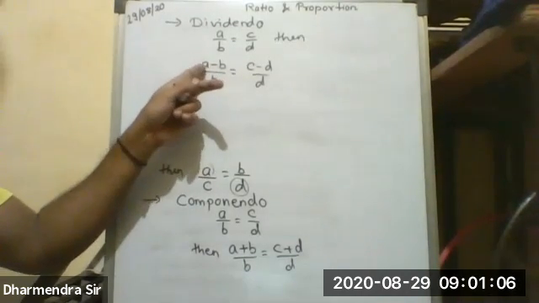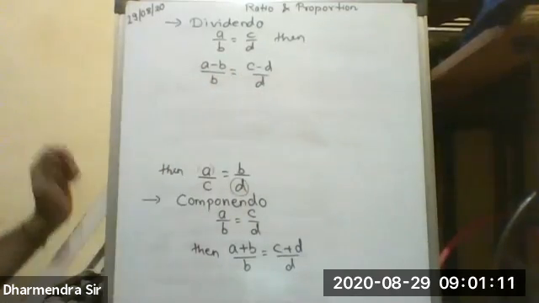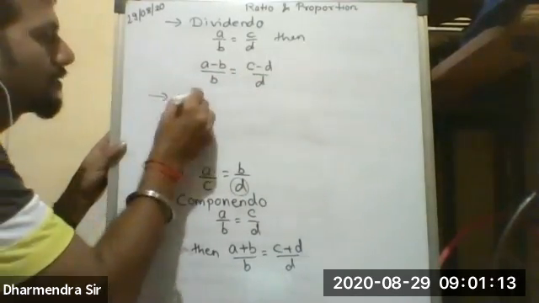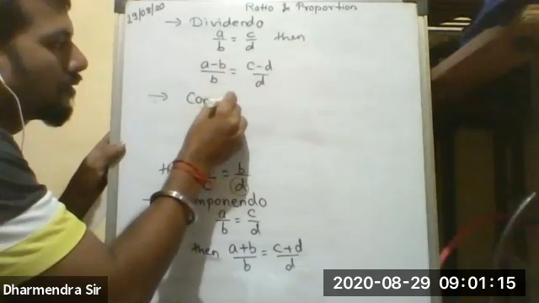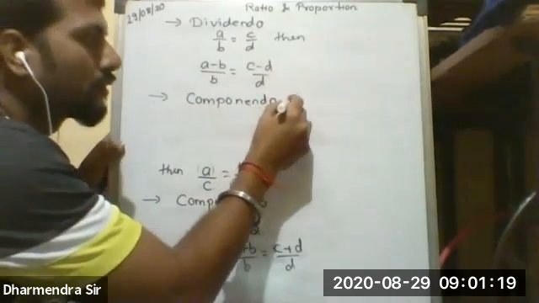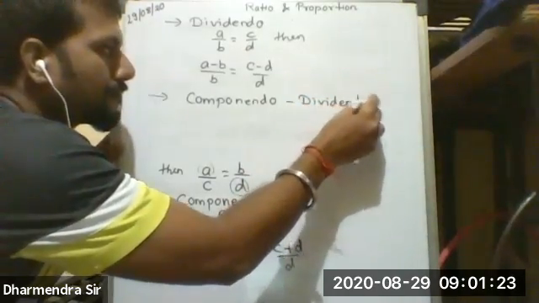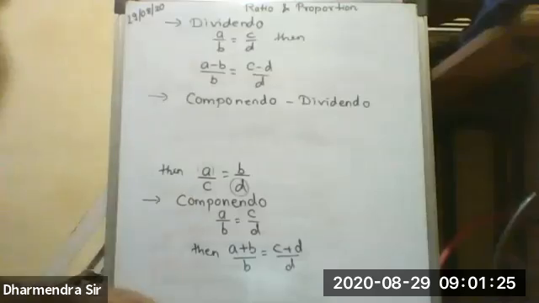That is A minus B upon B, C minus D upon D. Now next, the last one, componendo dividendo. Componendo and dividendo.